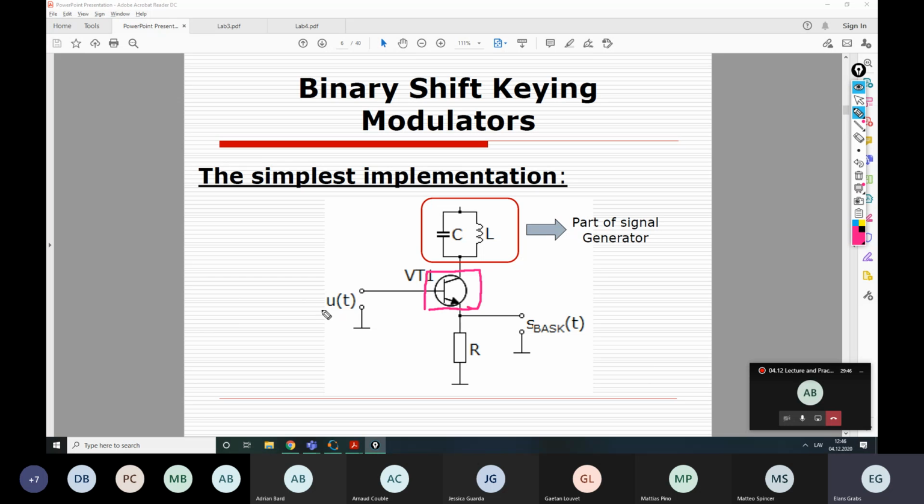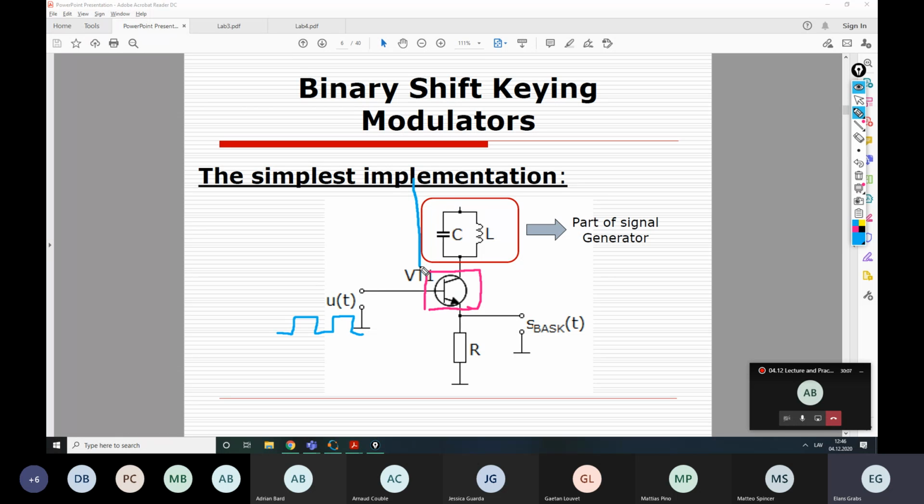Basically, this U signal, this data signal, can have only 2 values, right? So this transistor is going to be either completely open or completely closed. And this resonance contour is a part of a generator.